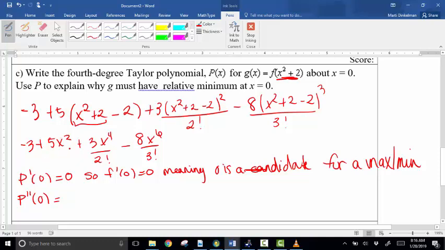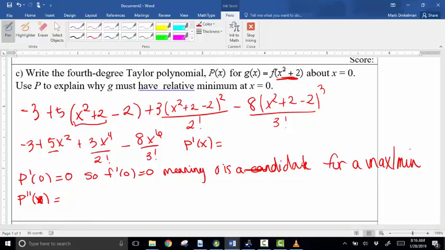So p double prime of 0, and maybe we should just look at p prime of x first. There's a couple ways to find it. You could look at that second term and figure out, remember it was supposed to have a 2 factorial, so you have to figure that in, but you can just take the derivative. So the first derivative, I'm going to write it here just for some place to have it.